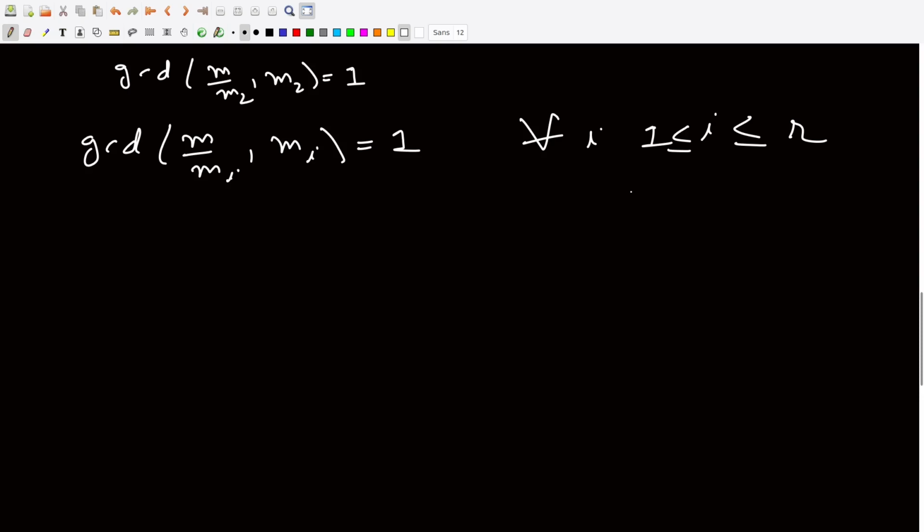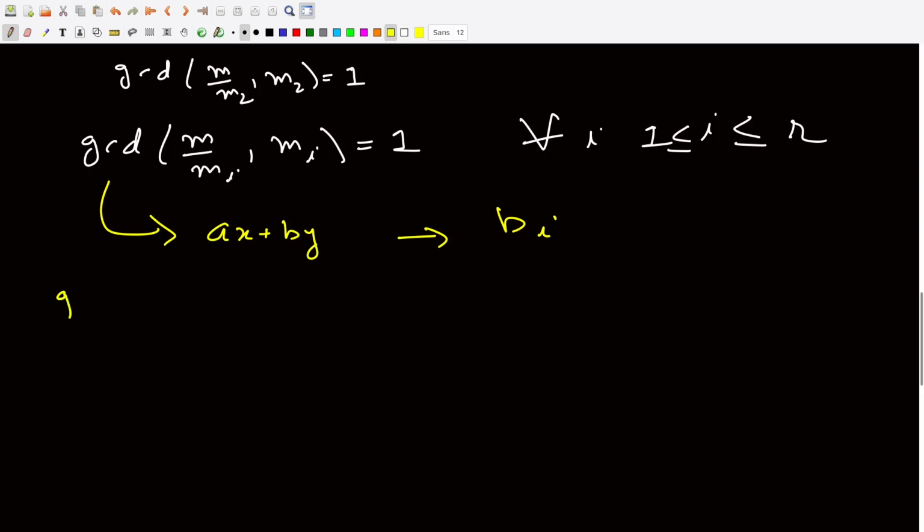Using this, since we wanted to find the multiplicative inverse, if we express this equation in the form of ax plus by and use the extended Euclidean algorithm, we will be able to find the bi's. That's a little detour, but let me write it down.